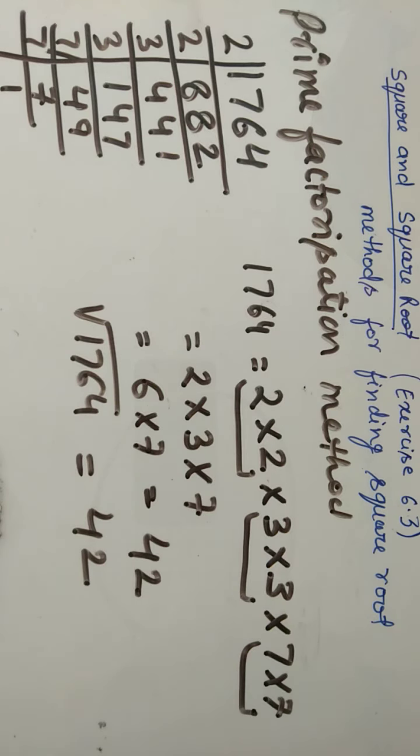We have to find the prime factors and then, by making pairs, find its square root. Okay. So now we will discuss the next question, question number 5 of our exercise 6.3. Just see what the question is saying.